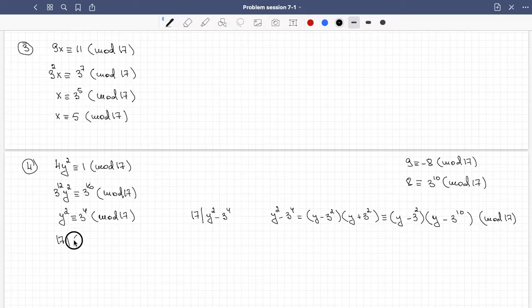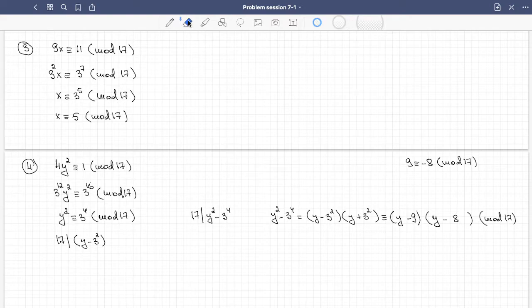So 17 divides the product of two numbers, y minus 3 squared. Sorry, I did not need the squares. It suffices to have indeed 9 and 8.